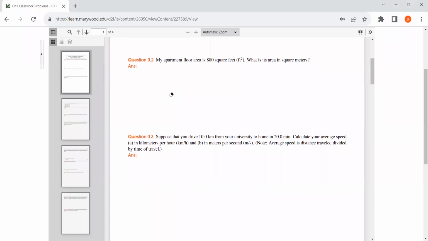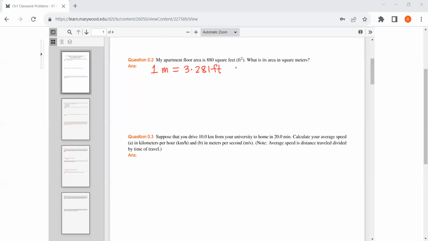The first thing we need to find is a relation between feet and meter. If you go to your textbook, front or back cover, you will probably find the relation, and it is 1 meter is equal to 3.281 feet.